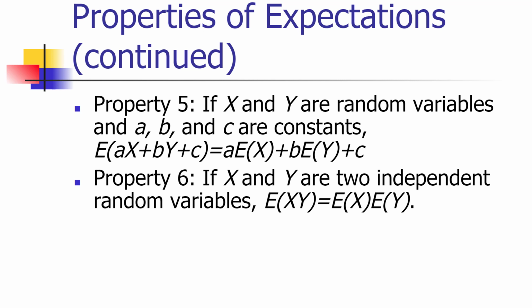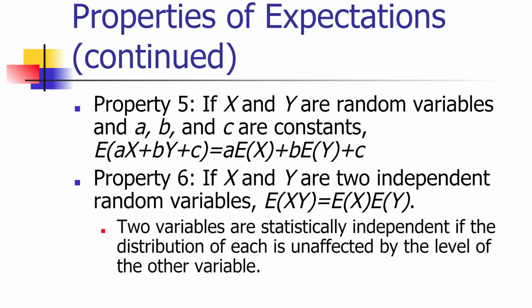But we should be clear on what we mean by independence of random variables. 2 variables are said to be independent if the distribution of each is unaffected by the level of the other variable. So if the distribution function for X is the same no matter what happens to the level of Y and vice versa, then this condition will hold, that the expected value of the product is the product of the expected values.